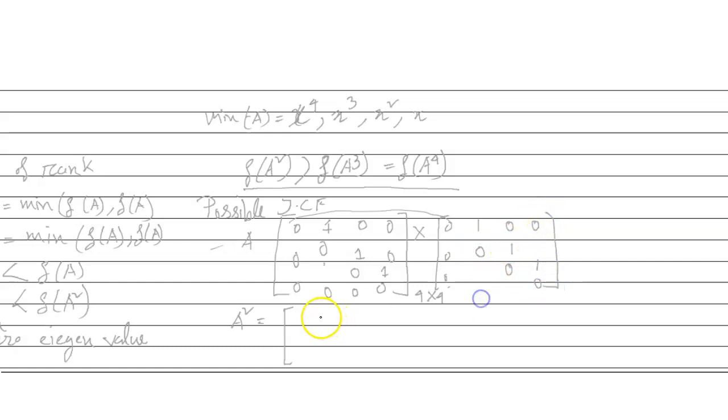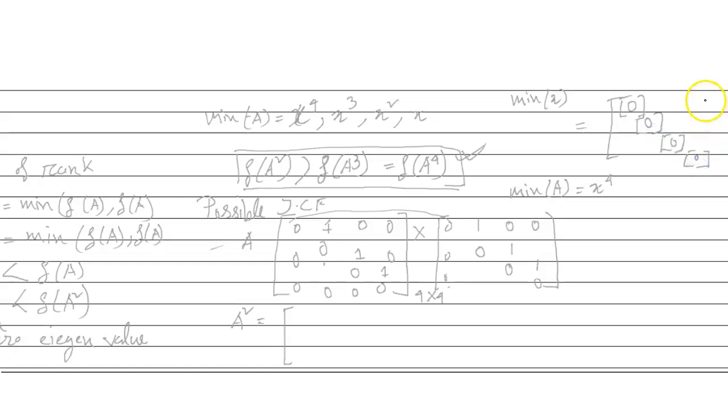If you multiply, then this relationship does not hold. If the minimal polynomial is x to the power 4, and if the minimal polynomial is x, so what is my Jordan form? If the minimal polynomial is x, then my Jordan canonical block is 0 0 0 0 0 and 0.